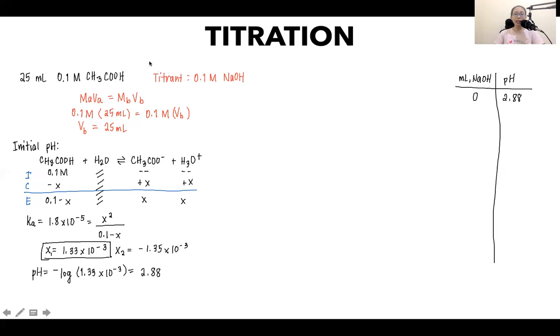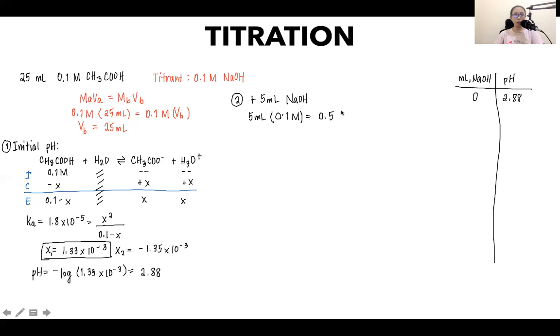Now, let's say we added 5 ml of our titrant. Let's multiply this volume with the concentration of our titrant, 0.1 molar. 5 ml times 0.1 molar gives us 0.5.